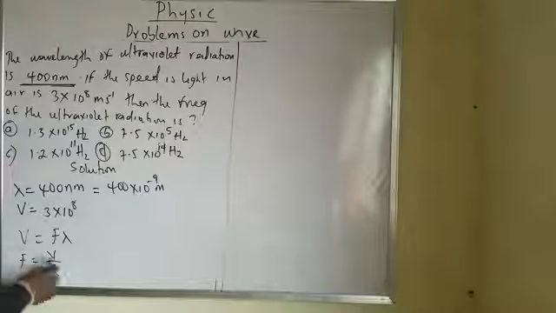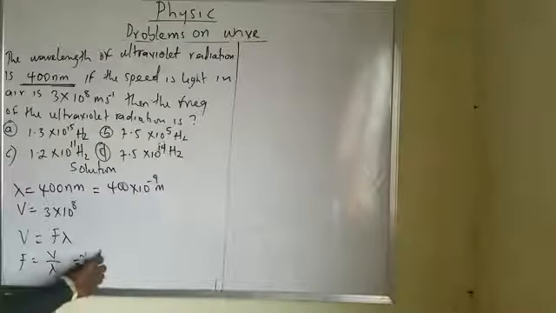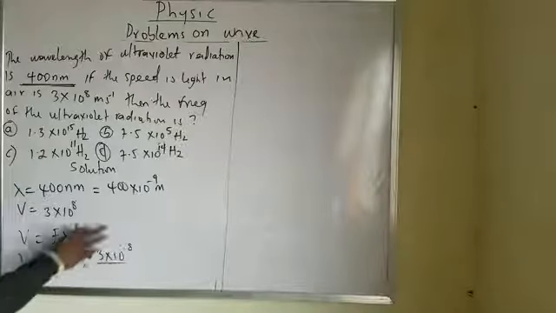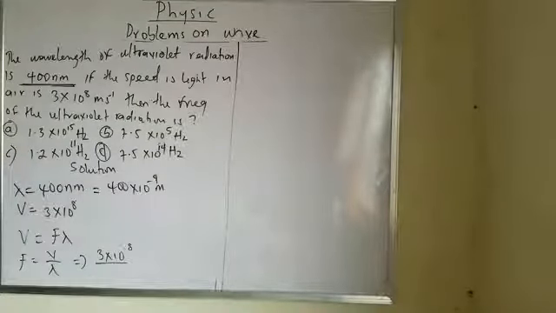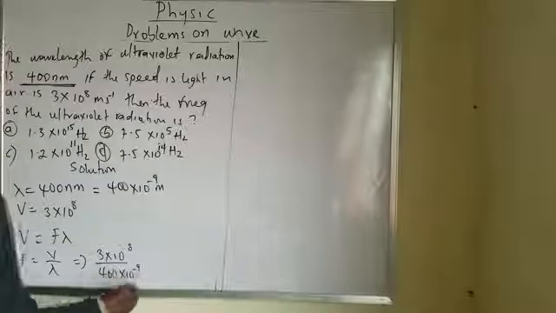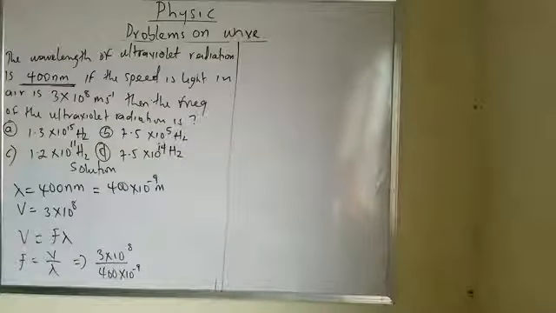It means my frequency is equal to 3 multiplied by 10 raised to power 8 divided by 400 multiplied by 10 raised to power minus 9.